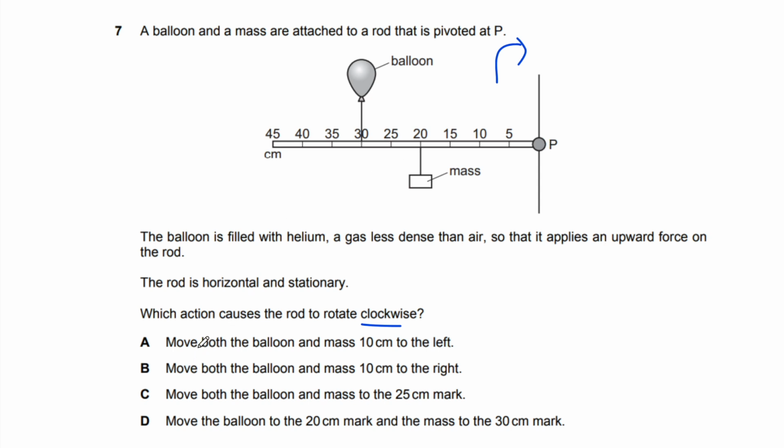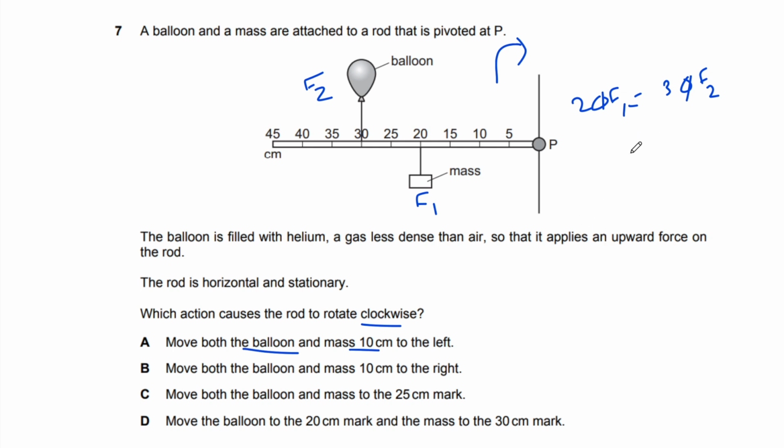So move both the balloon and mass 10 centimeters to the left. But wait, before we do this, let's call this F1 and F2. So we can say that 20 F1 is equal to 30 F2.